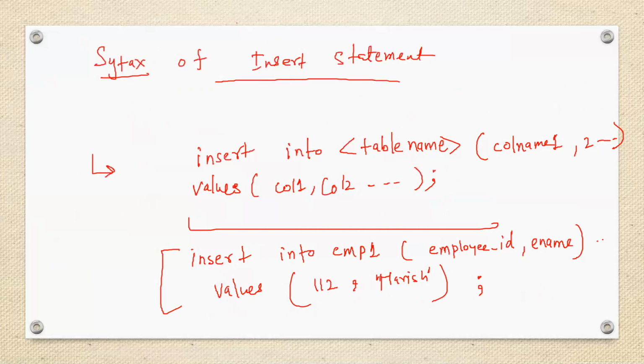What we are doing with this statement is we are trying to insert the data in the employee EMP1 table corresponding to employee ID and e-name. And the values we want to insert are 112 and Harish. What will happen with the remaining columns? They will be populated as null. Okay.